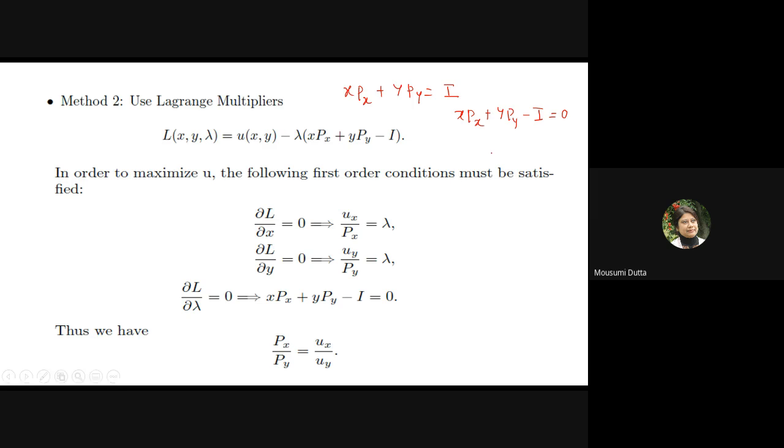Okay, now if I write the expenditure part first, then minus income, I have to present the Lagrange multiplier with this minus sign. Alternatively, this equation can be presented as I minus xpx minus ypy is equal to 0. So if I consider this formulation, in that case, I have to write plus lambda (I minus xpx minus ypy).